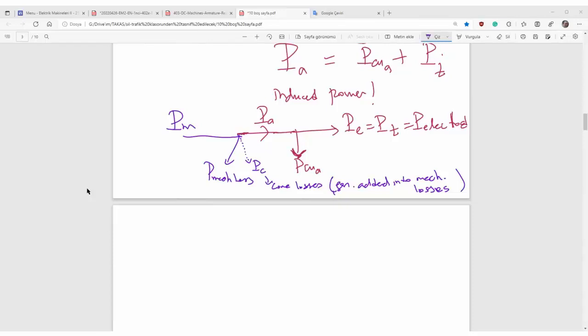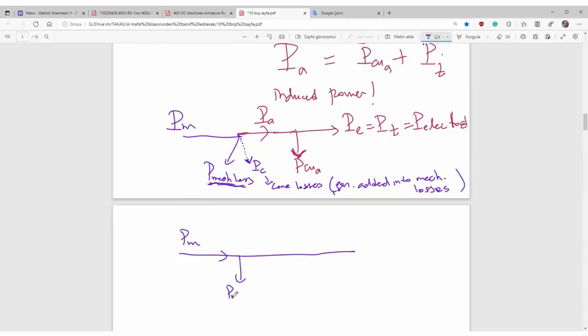Total core losses are much smaller than the losses in AC machines. So we generally do not deal with core losses. We give some mechanical losses. Always add core losses into mechanical losses, and then we simply express the diagram like this.